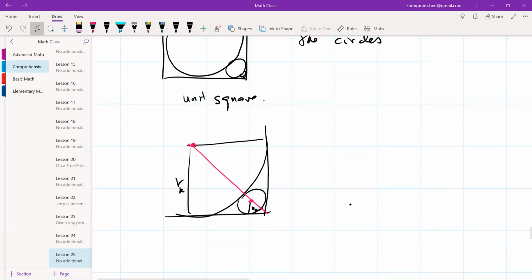This is just a corner. One corner, I zoom in and look at the kth radius and the (k+1)th circle. First of all, this side is going to be square root 2 times R_k, right? But this can be the sum of R_k and R_{k+1}. Then this portion will be square root 2 R_{k+1}.